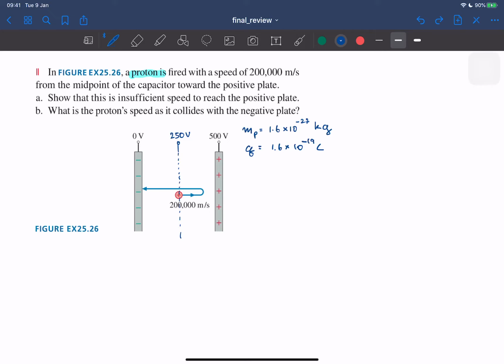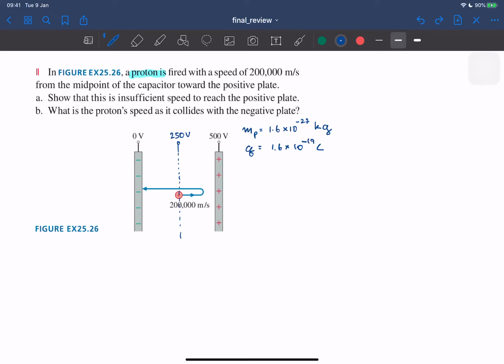Potential energy is the charge times potential, but charge is positive, right? So if the potential is positive, potential energy is positive. Okay, so this is similar to throwing a ball upwards, right? When the ball is going up, you decrease kinetic energy while increase potential energy. So it's kind of the same thing here, right?